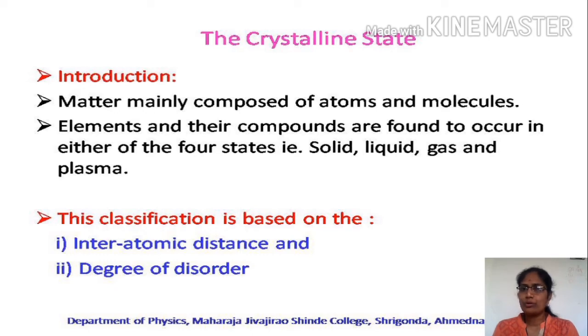As we move from solid to plasma, the distance between two atoms increases, and therefore the disorder increases. In case of solid, interatomic distance is less and degree of disorder is also less. In case of plasma, interatomic distance is more and degree of disorder is also more.